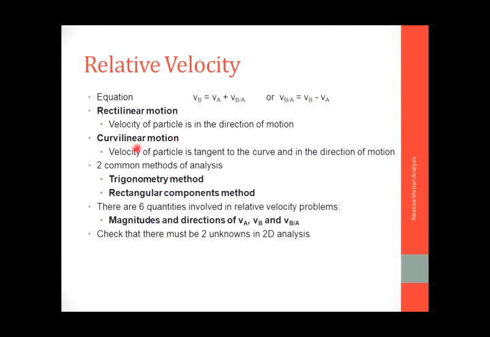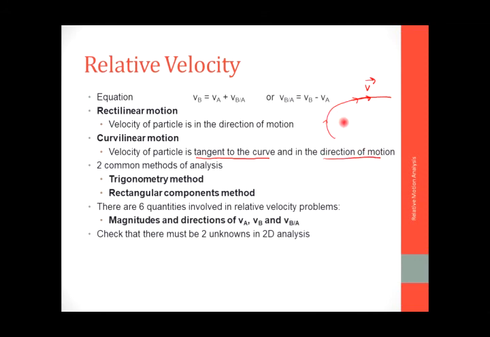For rectilinear, the velocity of the particle is in the direction of the motion. For example, if a particle moves like this, the V is in the direction of motion, so we put it there. In curvilinear motion, the velocity of the particle is tangent to the curve and in the direction of motion.